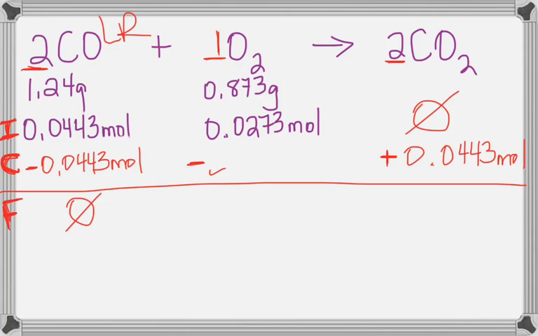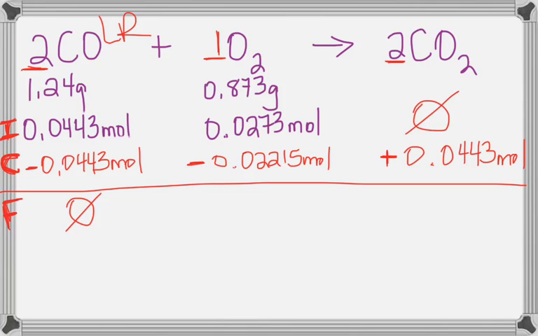What number is going to go here? Yes. Isn't it going to be 0.02215? How'd you get that?